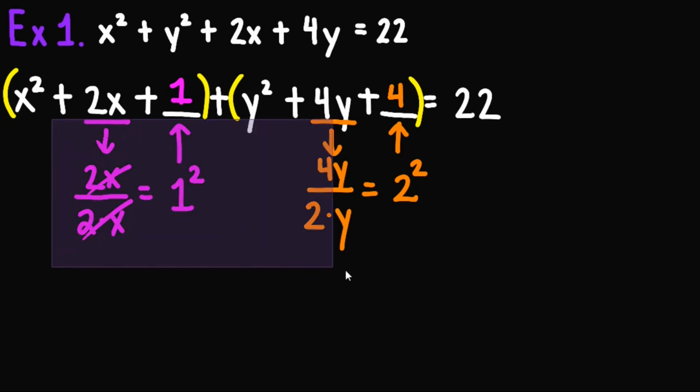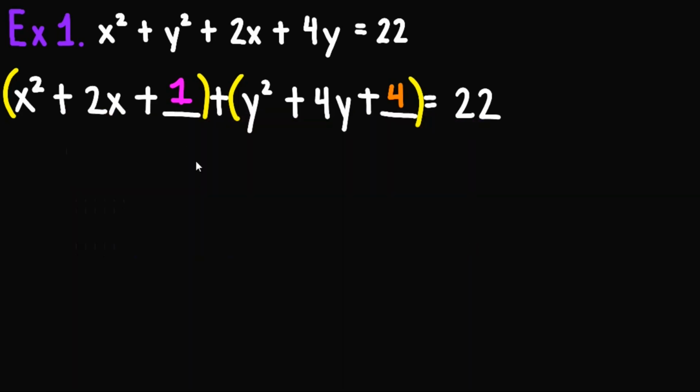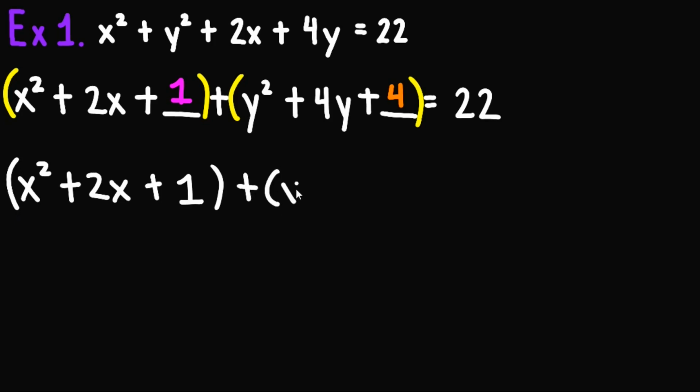So let's clear this one out. So we now have x squared plus 2x plus 1 plus y squared plus 4y plus 4. But we have a problem.